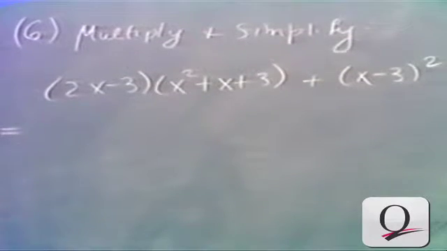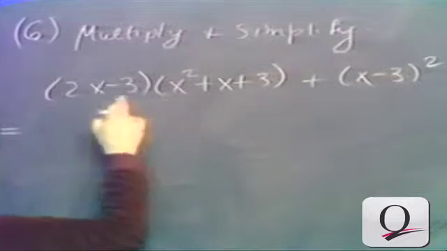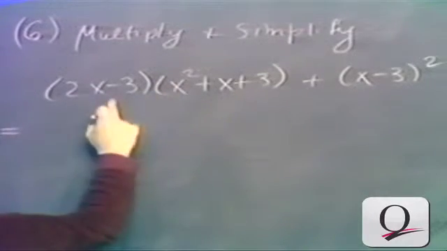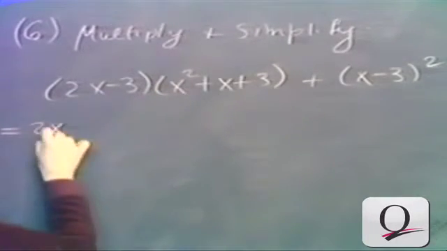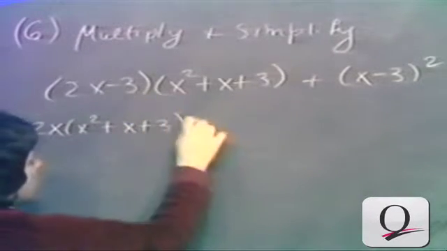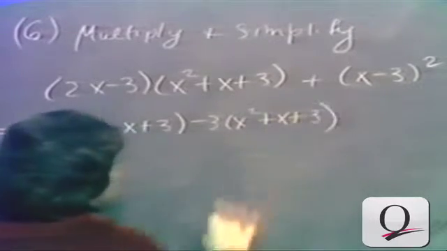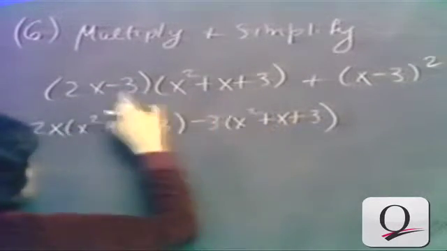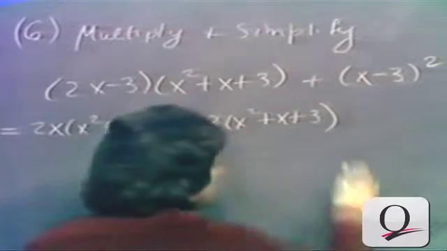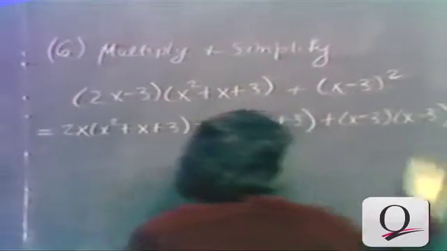By the distributive law, we can think of this as (a plus b) times c, that is, a times c plus b times c. Or 2x times (x squared plus x plus 3) minus 3 times (x squared plus x plus 3): 2x times this, minus 3 times that. Plus, this is really (x minus 3) times (x minus 3).